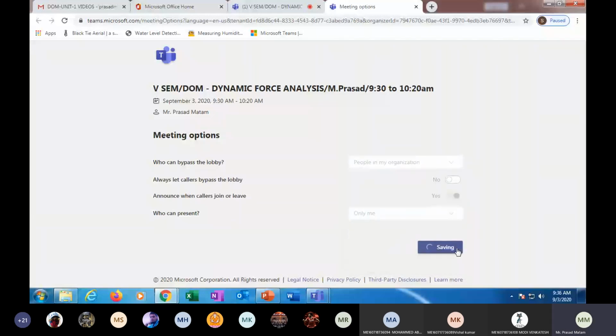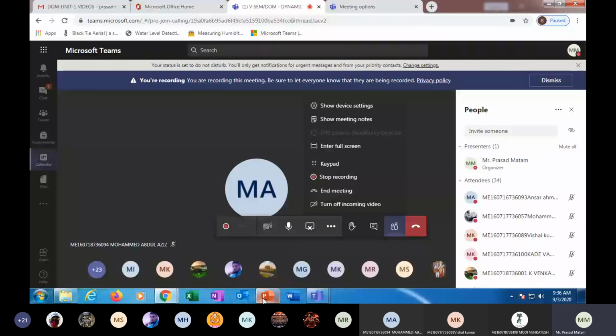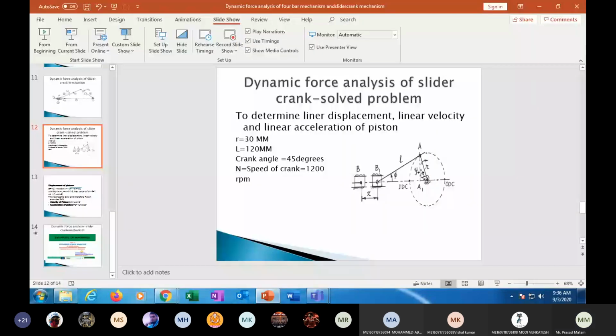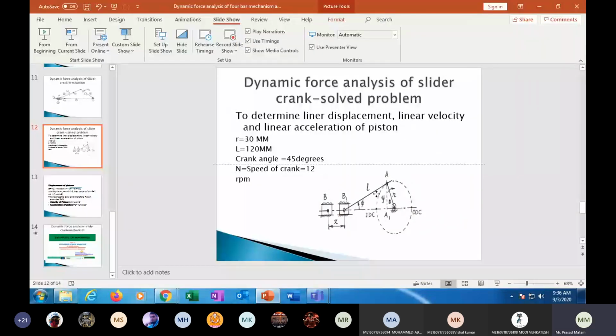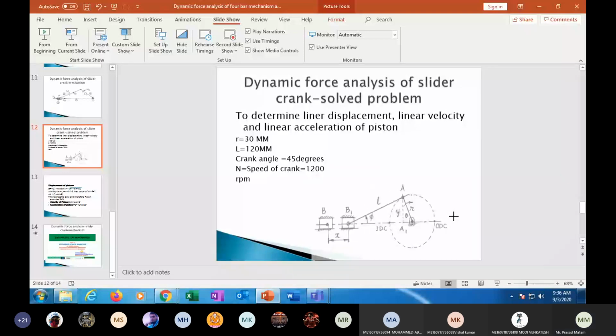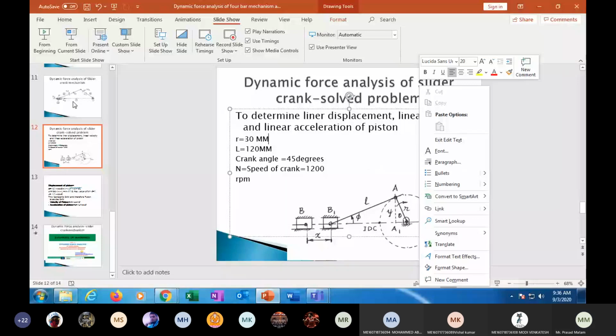Now no one can change the settings. Okay, now it is recording. Yeah.